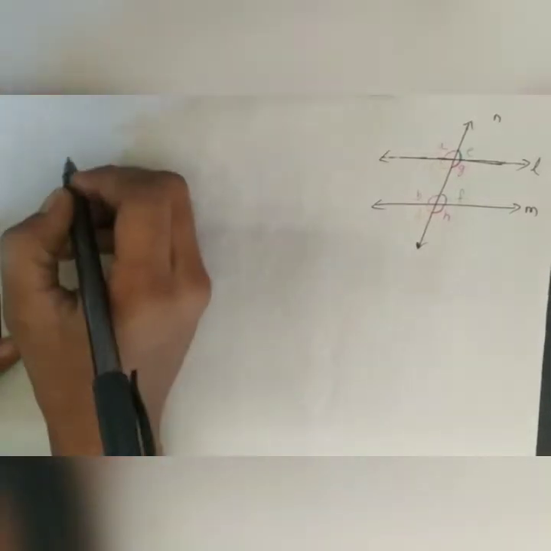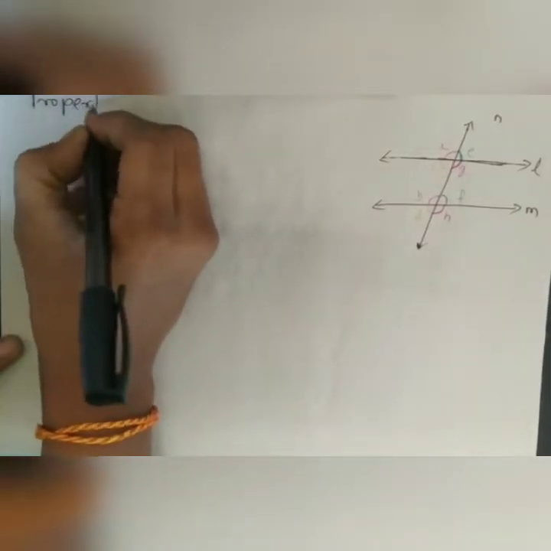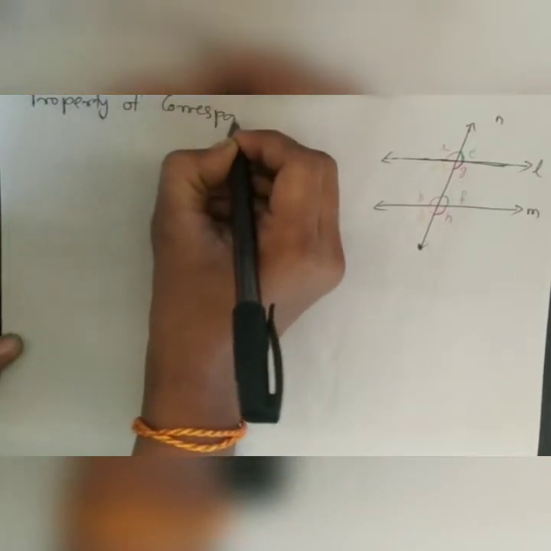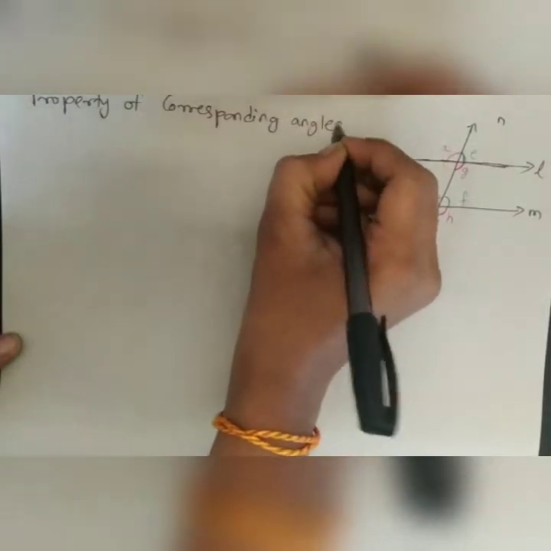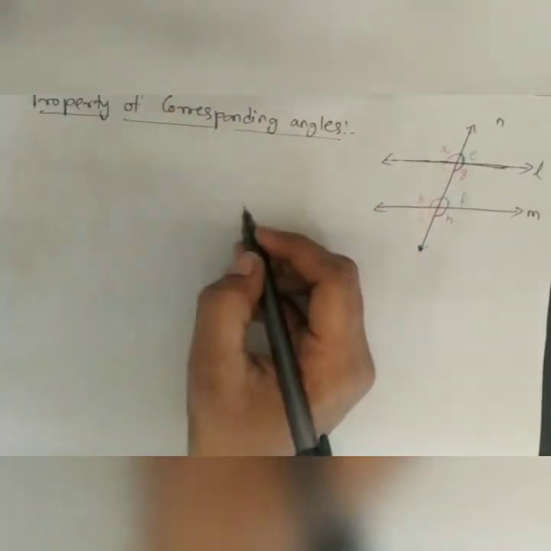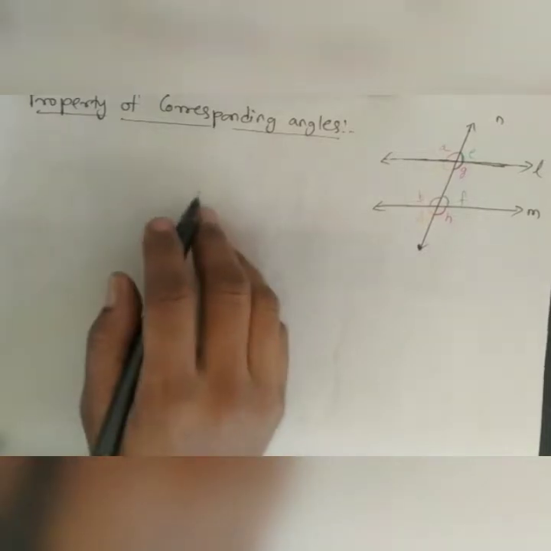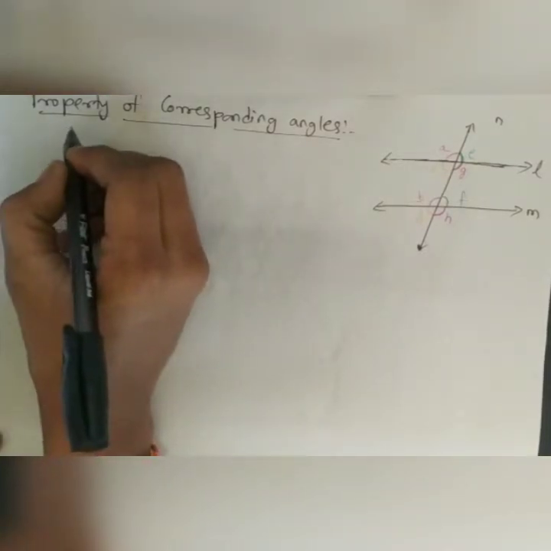Now we will learn the property of corresponding angles. Property of corresponding angles. First, see the definition of the property of corresponding angles. What is happening in this?